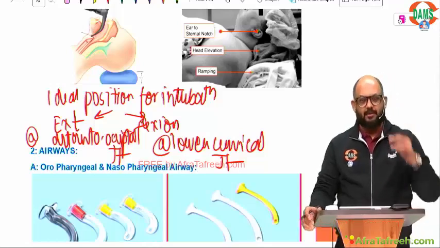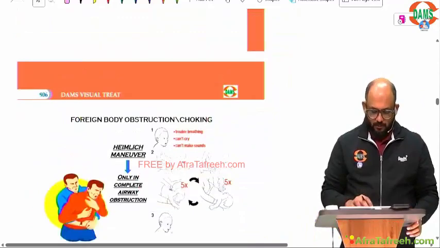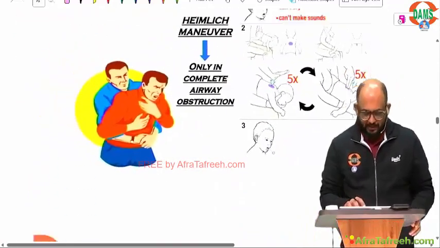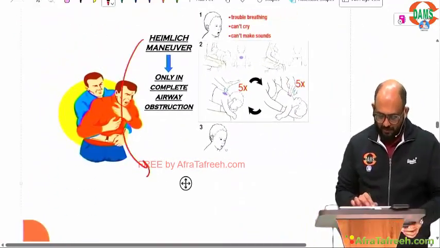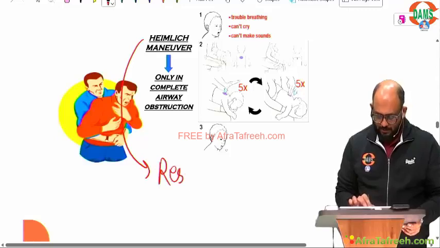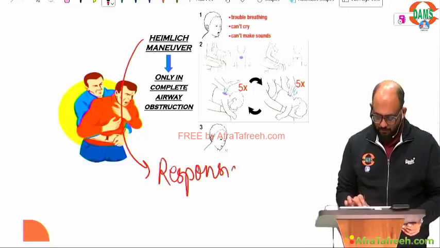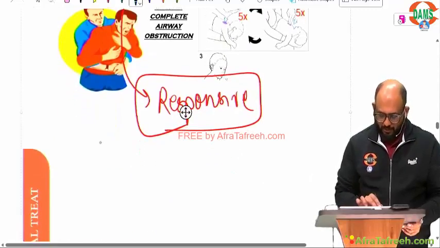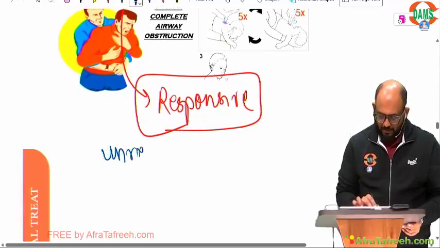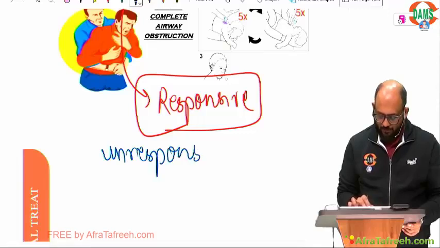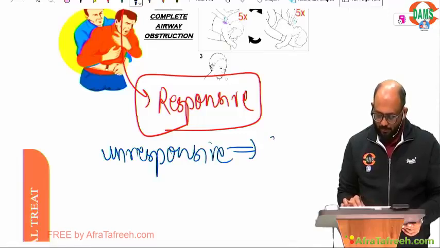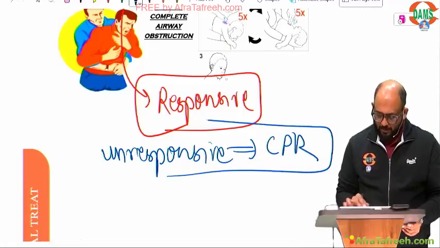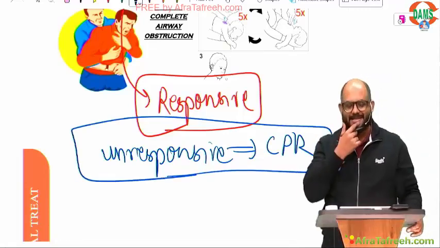Acha, one thing I wanted to tell you. Very good. You will give Heimlich's maneuver only when your patient is responsive. During your management of foreign body obstruction, if your patient becomes unresponsive, then what will you do? CPR. Remember, unresponsive means cardiac arrest has happened.